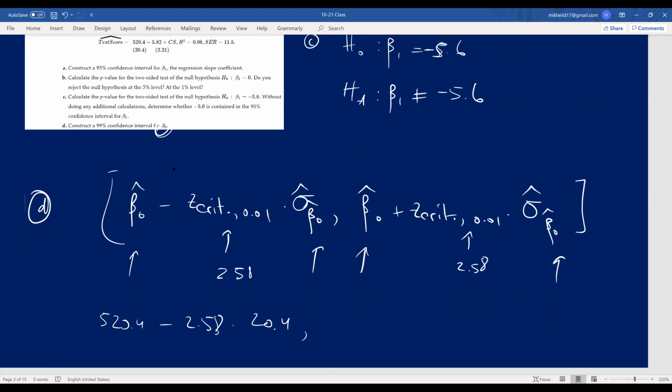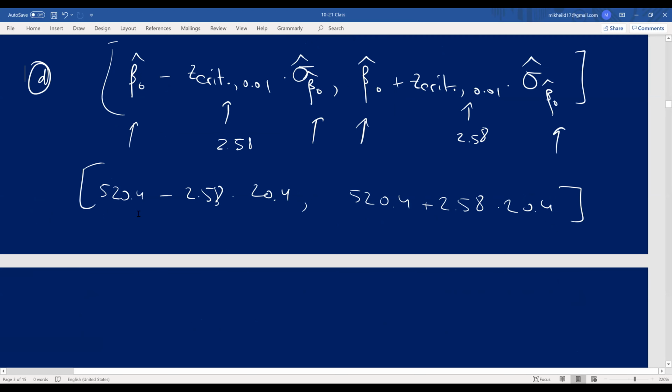One of you asked me how to do this in Excel. There's no built-in function for confidence intervals in Excel, but you can do this. I just calculate this in Excel, and that will give me the confidence interval. Am I clear?